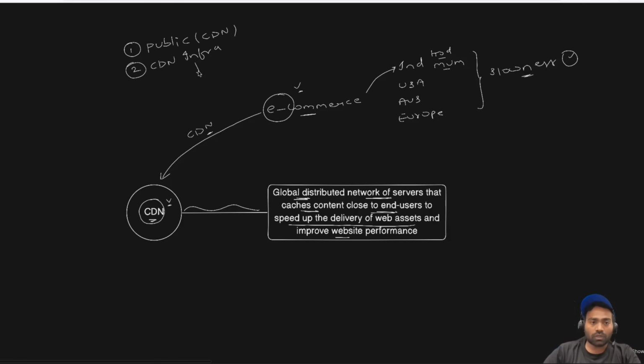But for this, your organization should have data centers across the globe, or at least they should have third-party tie-ups with the data centers. Let me tell you how exactly this works. So you should first list down the location of users. Wherever you have users, you have to identify the location, and within those locations, or at least locations that are near to the end users, you have to set up a network of servers.